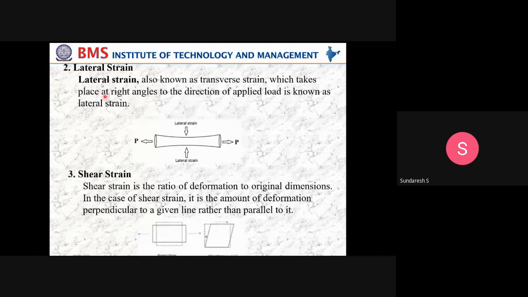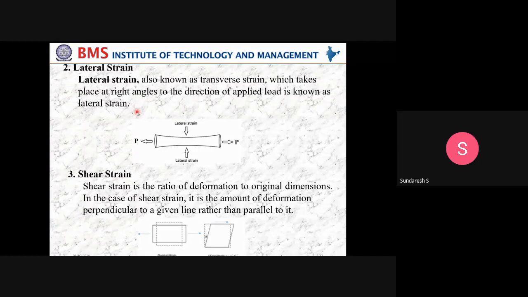And next comes lateral strain. What do we actually mean by lateral strain? I was talking in the previous slide: when the length increases in the case of a member subjected to a tensile load, its lateral dimensions get decreased. In the sense, the changes in dimension will also take place in all three mutually perpendicular directions.